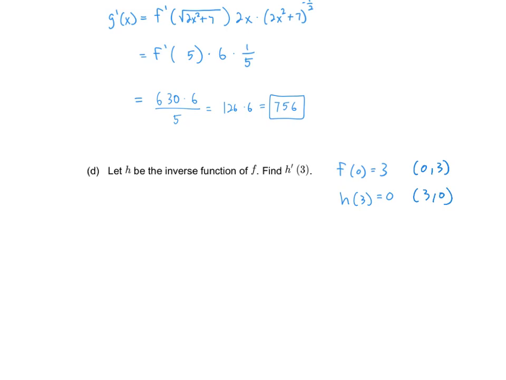The formula says if we want the derivative of a function and we only know its inverse, then h prime at 3 is 1 over the derivative of f at the other coordinate. So to find h prime at 3, we plug 0 into f prime.